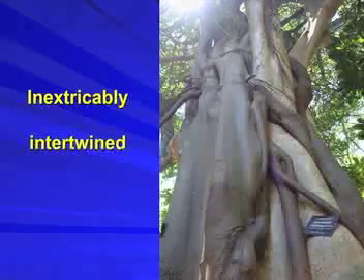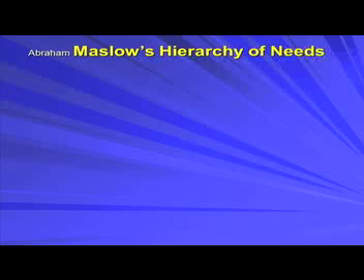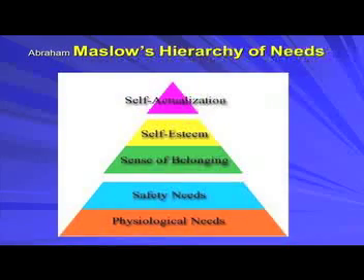Perhaps many of you are familiar with Abraham Maslow's hierarchy of needs. Here we see Maslow's model that explains how it is that we come to be secure or insecure in ourselves. See at the bottom the physiological needs.